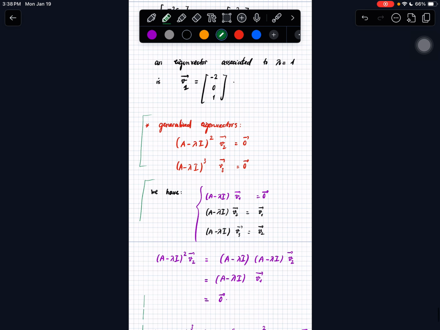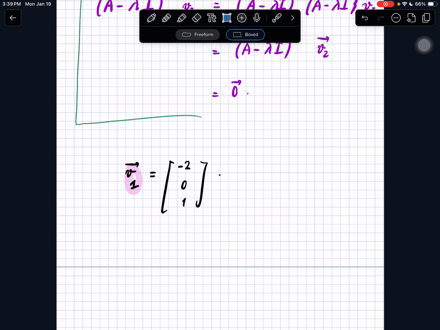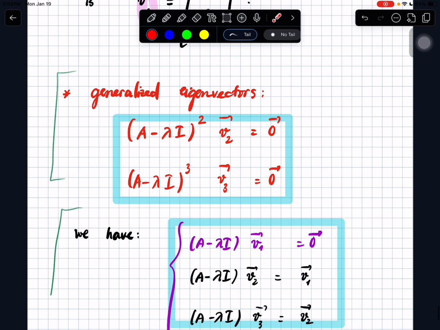Now we have one actual eigenvector v1. We want to find the two generalized eigenvectors v2 and v3. v3 can be chosen to be any vector, but we need to make sure that the chain will last until v1. First, we do not want v3 to be the actual eigenvector v1, because then it is not a generalized eigenvector anymore.